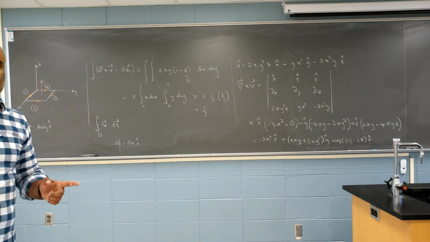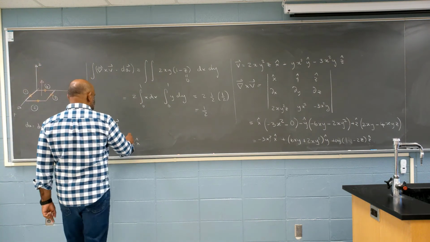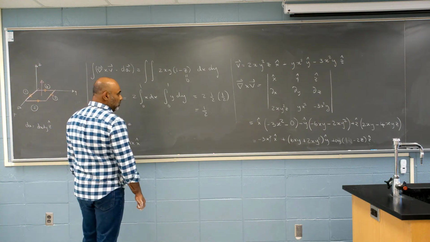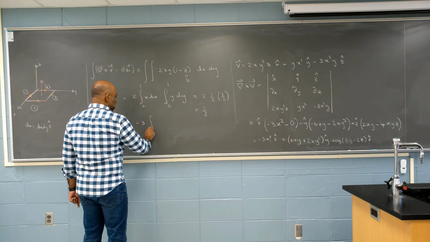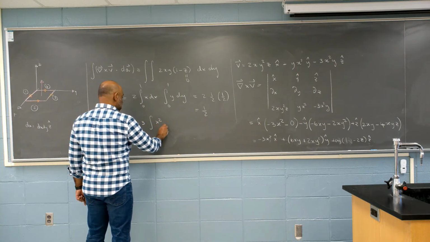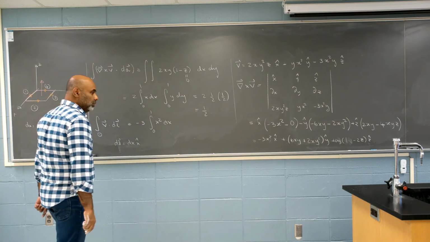Yeah? It's along the x-axis. So I just need the x component. And what do I get? Minus 3 x squared dx, 0 to 1.